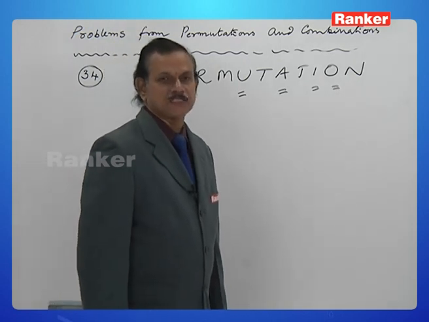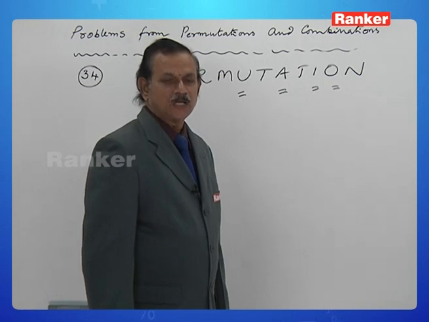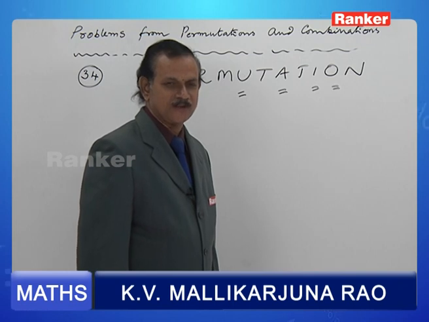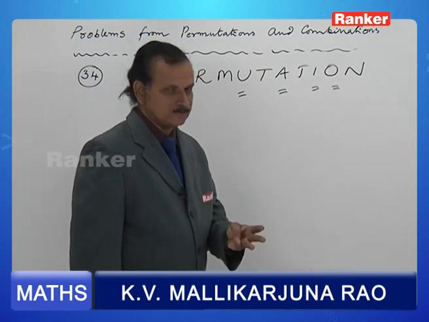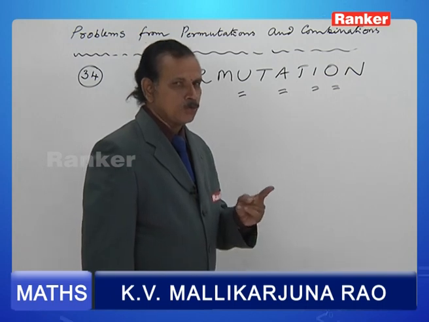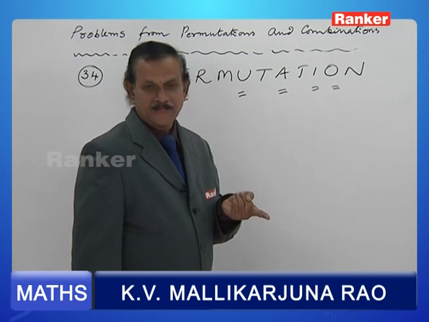He has asked us to find the number of permutations in which two consecutive letters should be neither both vowels nor both identical. So what should we have? No two vowels come together, and identical letters.